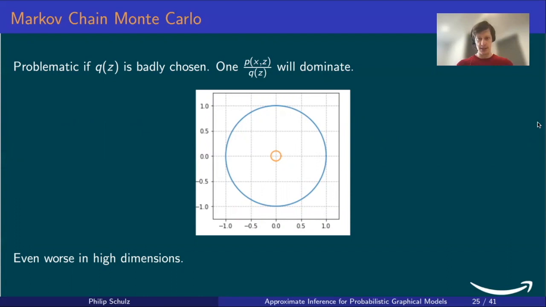In particular, one sample might dominate all the others simply because it has a high weight and all the others don't. So if we here assume that our target density, the posterior, would be the small orange circle, and our proposal density or reference density is the blue circle, then the following is going to happen. Most samples are not going to be anywhere close to the actual posterior, right? Meaning they'll receive very, very small weights.